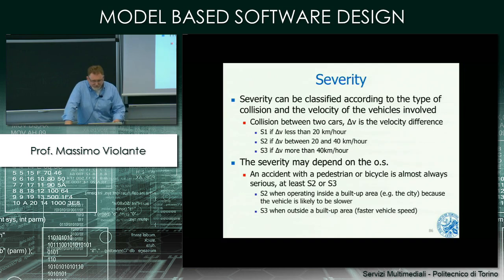We consider the speed at which the incident occurs. If the difference of speed between the two vehicles is less than 20 km per hour, then we have severity 1. If the difference is between 20 and 40 km per hour, it is S2. If it is above 40 km per hour, it is S3.